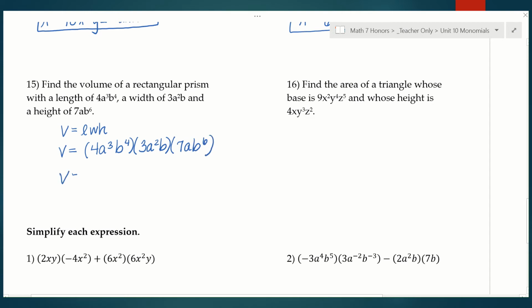And we're going to multiply those three monomials together. So 4 times 3 is 12, and 12 times 7 is 84. A to the third times a squared times a to the first is a to the sixth. And b to the fourth times b to the first times b to the sixth is b to the 11th. And because this is volume, we're going to label this units cubed.